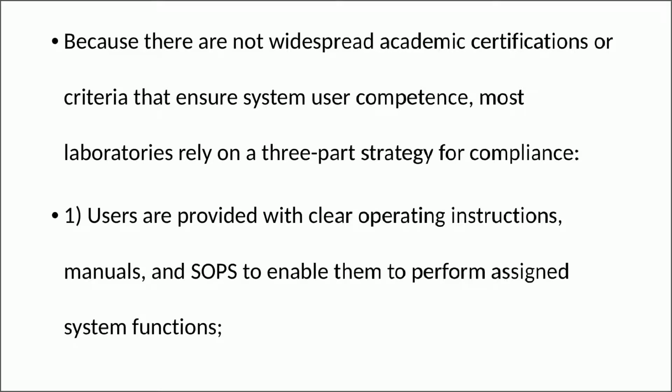Because there are no widespread academic certifications or criteria that ensure system user competence, most laboratories rely on a three-part strategy for compliance. Number one, users are provided with clear operating instructions, manuals, and SOPs to enable them to perform assigned system functions.